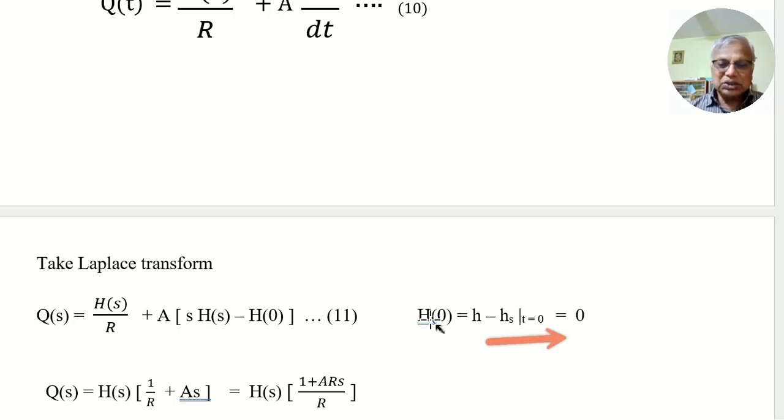At h0 means evaluated at t equal to 0. At t equal to 0, the initial time, there is no change. It is at steady state. So the change happens at 0 and it starts varying after 0. So at 0, h is equal to hs, or the deviation variable capital H is 0. The deviation variable is 0 at 0 time, h0 equal to 0.